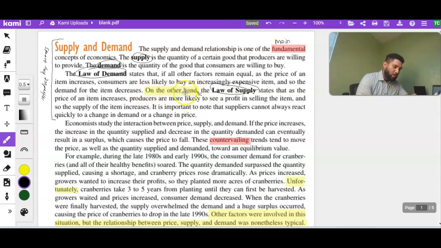For the comma, you can use a comma after an introductory word, like a transition word, or an introductory phrase. Right off the bat, I could tell them this is not a word, this is a string of words, so we could call this an introductory phrase. This is not a complete sentence, it's a dependent clause. And again, a dependent clause is just a string of words that is not a complete thought.